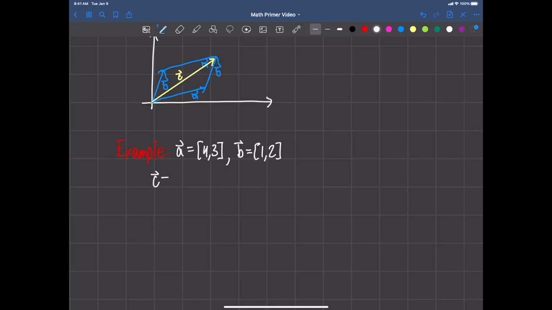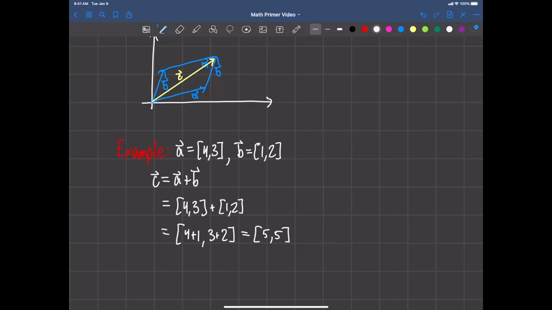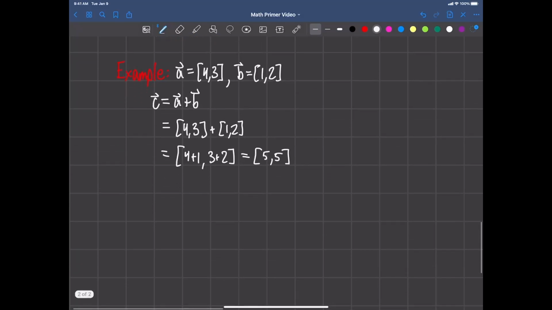Well, vector C, which is A plus B, would be 4, 3 plus 1, 2. And we add them separately. So 4 plus 1, 3 plus 2, which would become 5, 5. And that's the vector C.